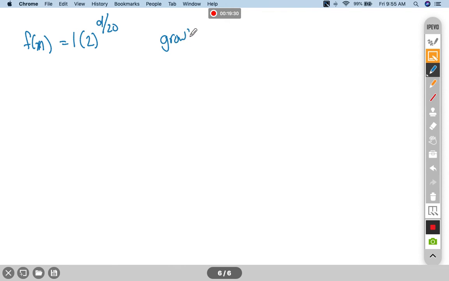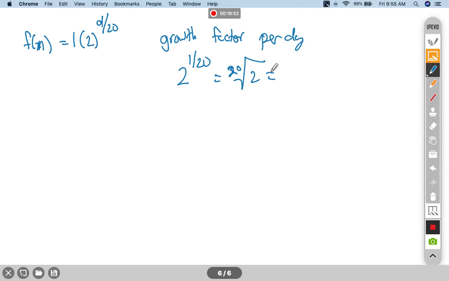I need the growth factor per day. So that means I only want 1/20th. So I take the 2 to the 1/20th power, or if you'd rather think of that as the 20th root of 2. And I will get 1.0353. And this is my growth factor.